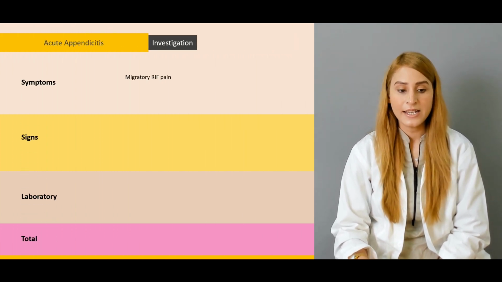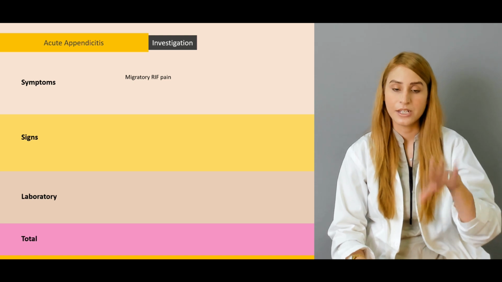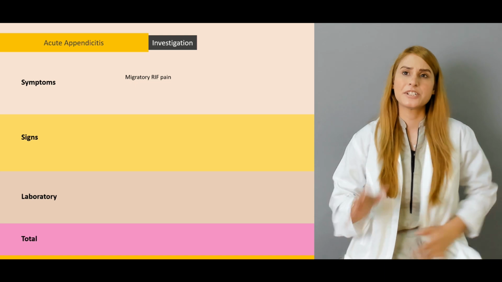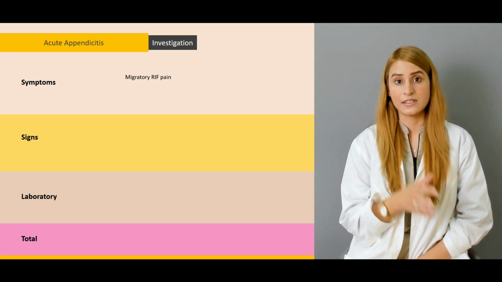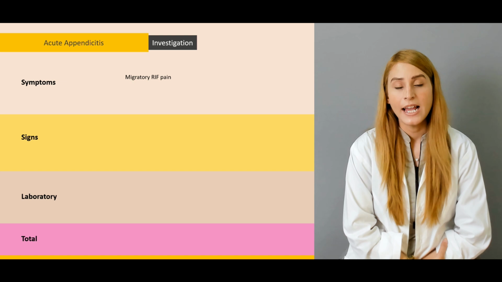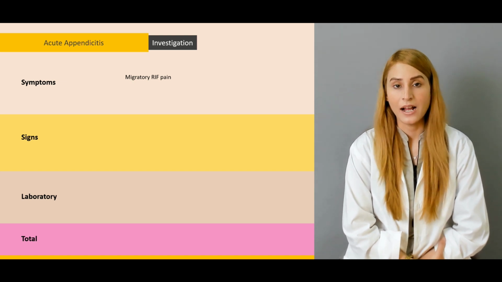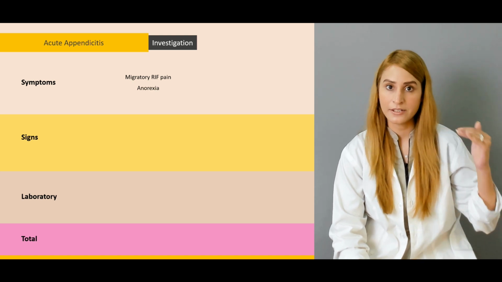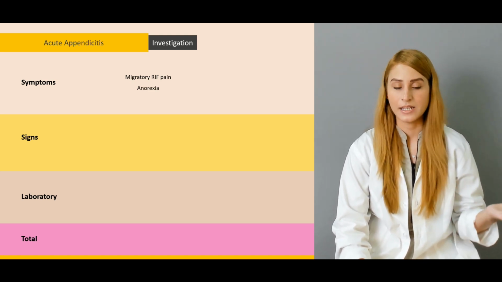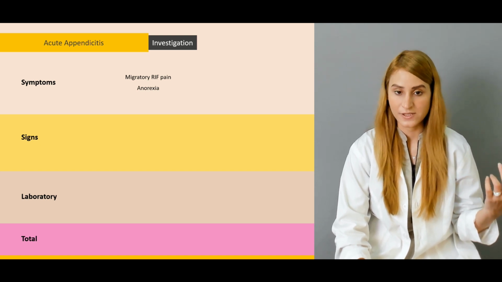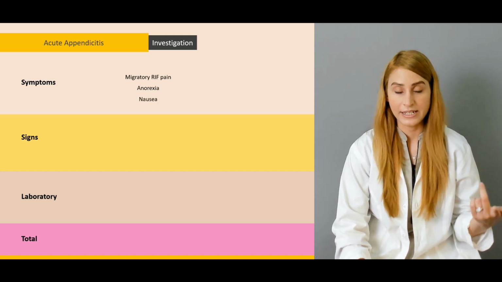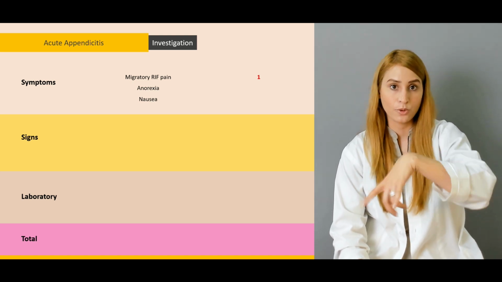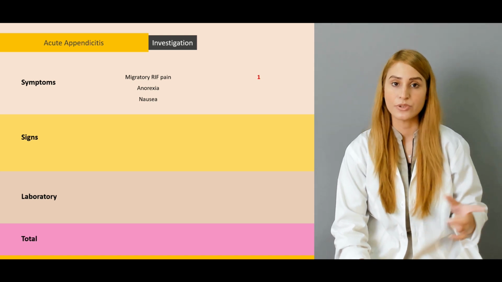So regarding signs, there is a scoring system which is called the MANTRELS, or the Alvarado scoring system. M stands for migrating right iliac fossa pain, A stands for anorexia, N stands for nausea, and we give a score of 1 to the migratory right iliac fossa pain.